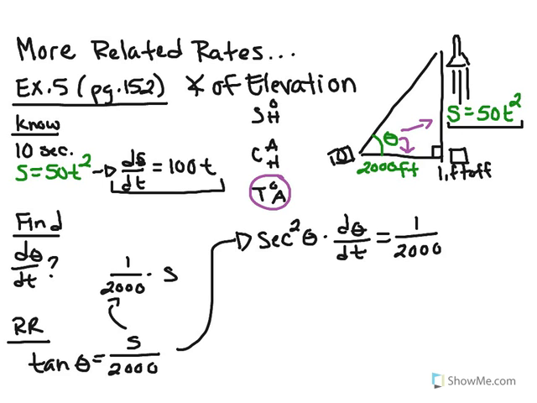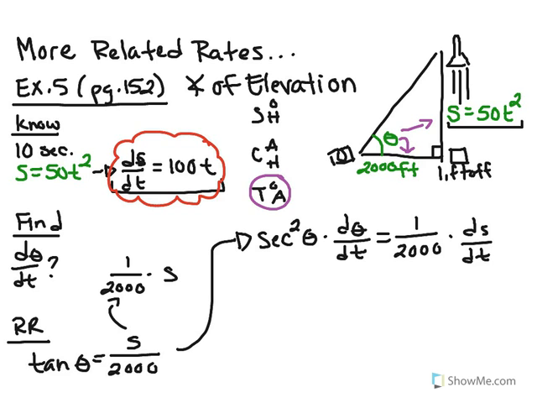The derivative of S would just be 1, but I have to add on a ds dt. So hopefully you see that it was actually very nice that I went ahead and found out what that ds dt was already. And of course, if you didn't know to do that beforehand, you would know to do it now. Okay, so let's go ahead and try to get theta as isolated as possible.